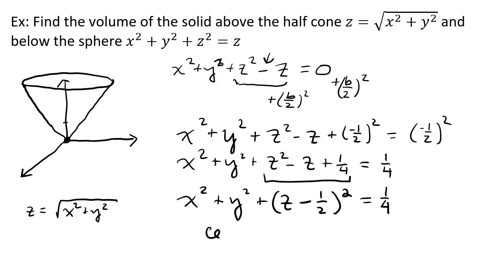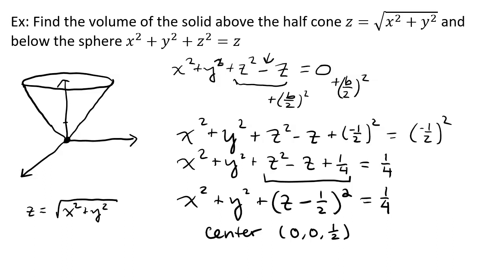So then we have our center at 0, 0, 1/2, because it's x minus the x coordinate, y minus the y coordinate, quantity squared, and then z minus the z coordinate, quantity squared.